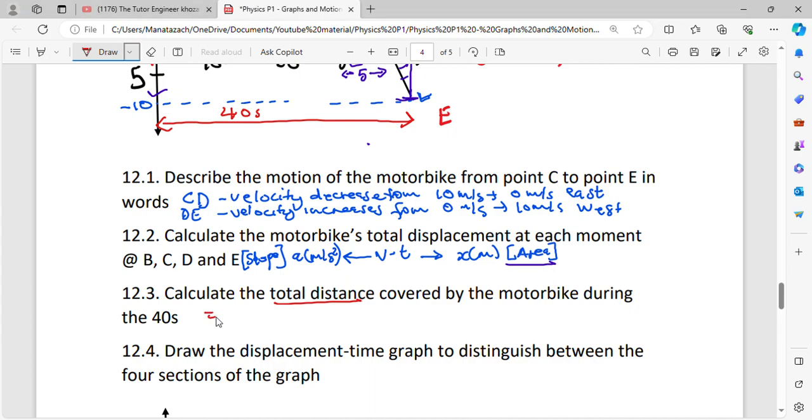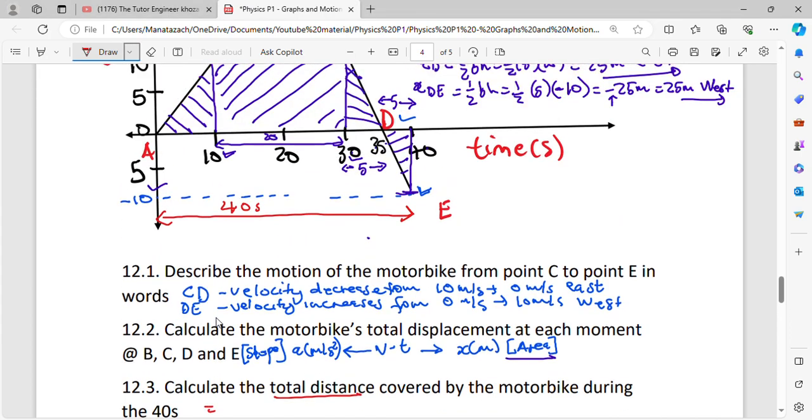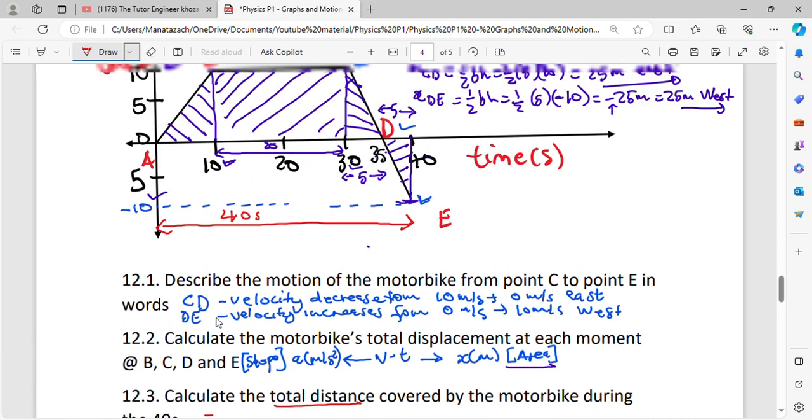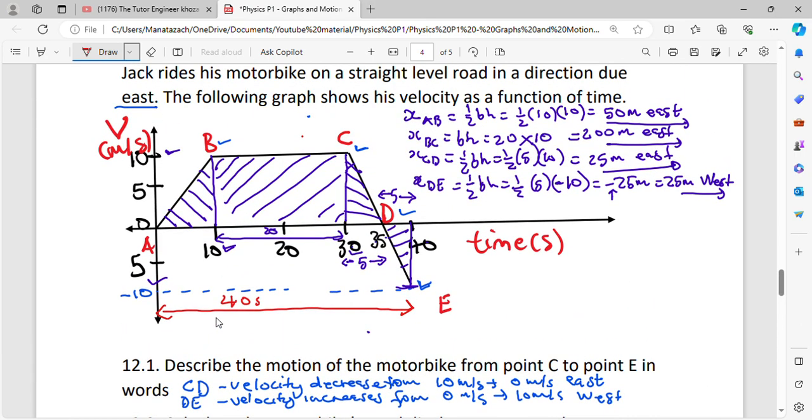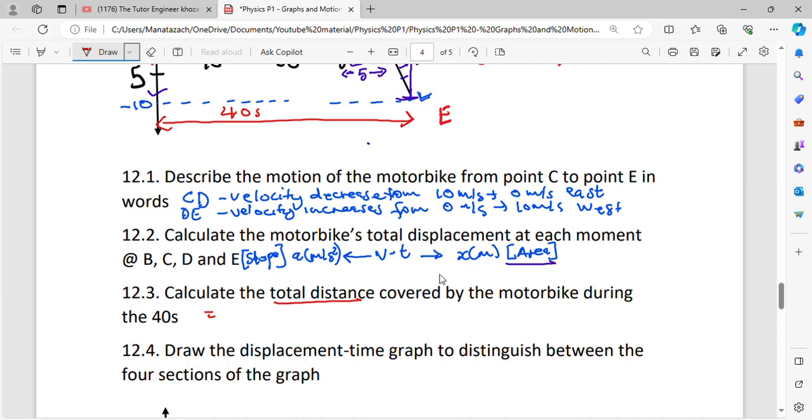So now the total distance for the entire trip will be 50 plus 200 plus 25 plus 25. So we're not taking the minus sign into account, we're just going to make everything positive. So let's write here 50 plus 200 plus 25 plus 25.